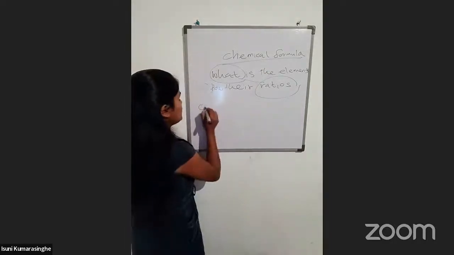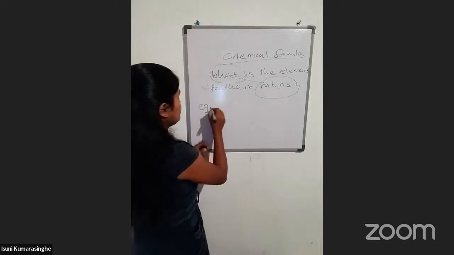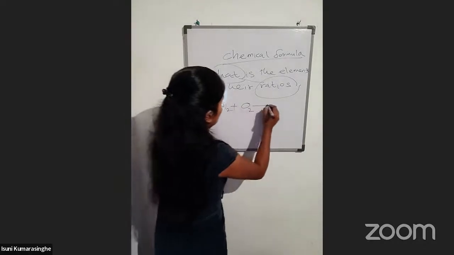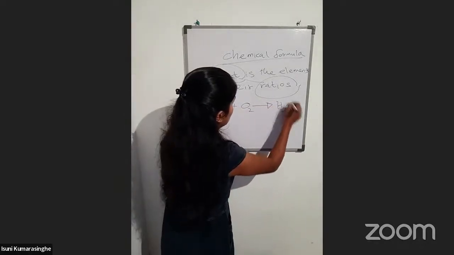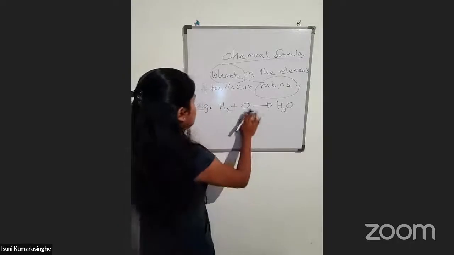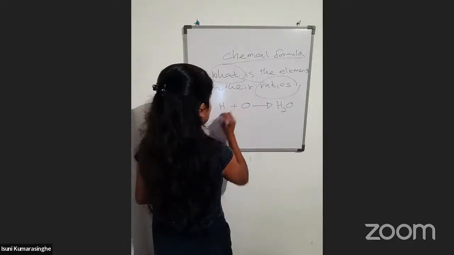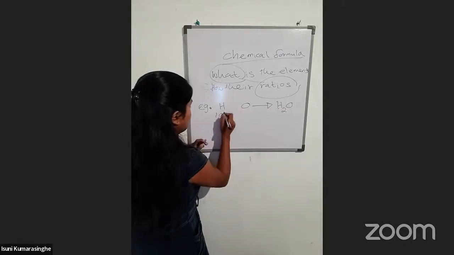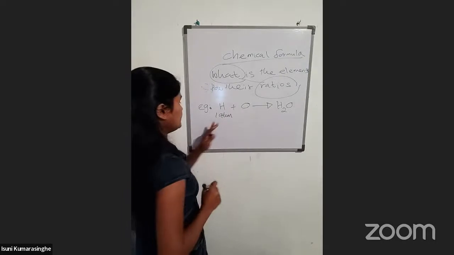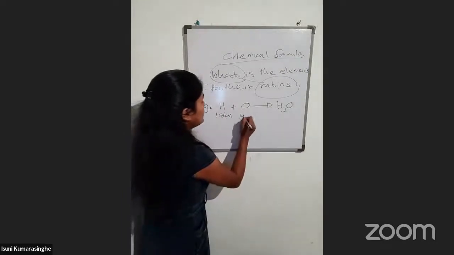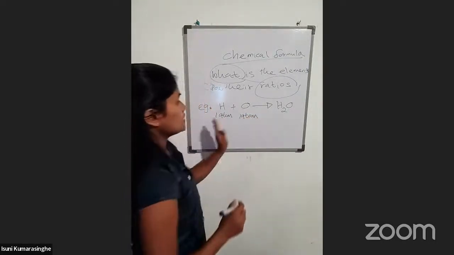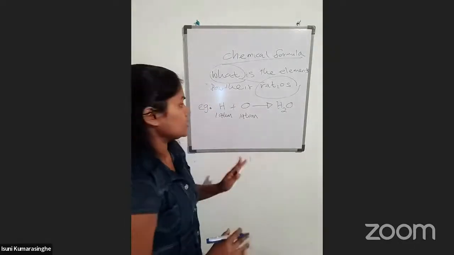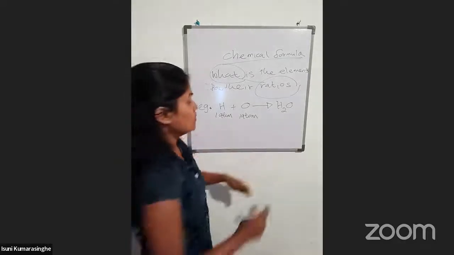As an example, let's see water. Hydrogen and oxygen combine to form water. Atoms of hydrogen and oxygen combine in a proper way, under the proper conditions, to form a water molecule.